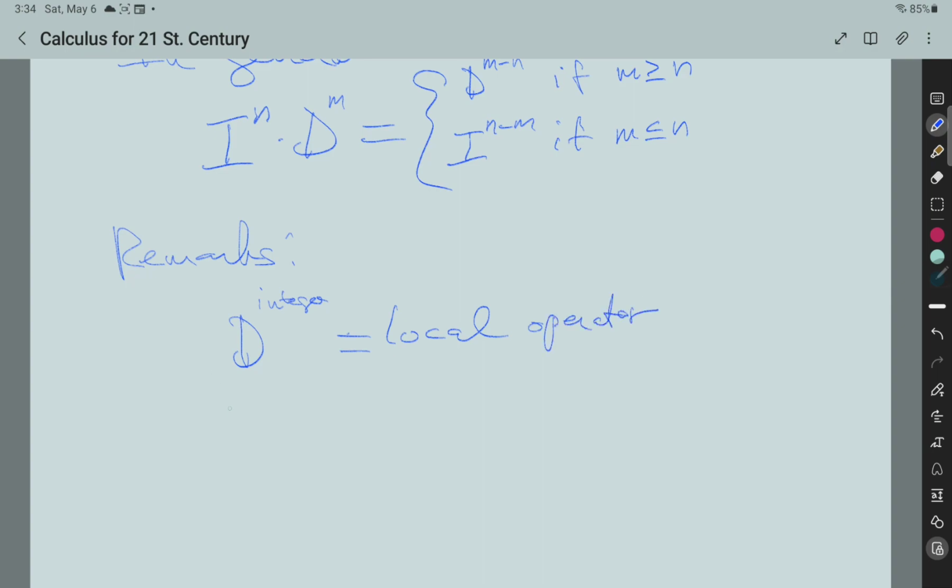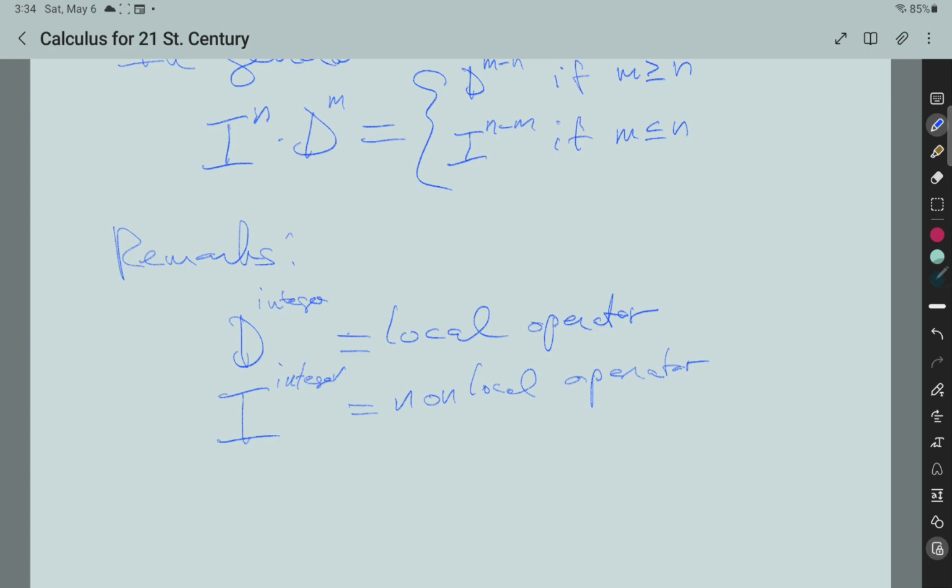And anytime you have integration raised to some integer power, this is non-local. Operators, non-local or global, if you want to call that.